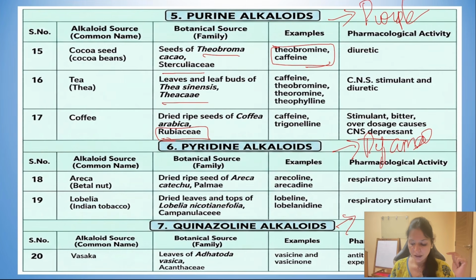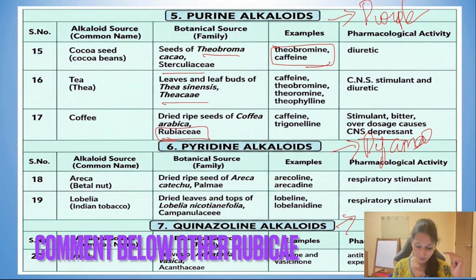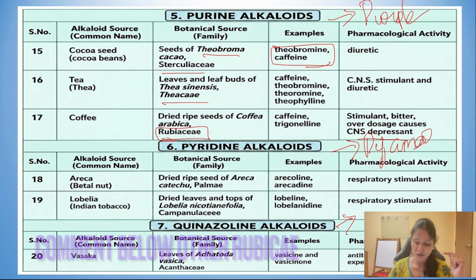Along with that, overdosage causes CNS depression, that's why it is not preferable. Coming to pyridine, pyridine examples are only two, areca and lobelia. Areca, which is also known as betel nut, and lobelia is nothing but our Indian tobacco. And here areca, the betel nut, the source is the seeds.